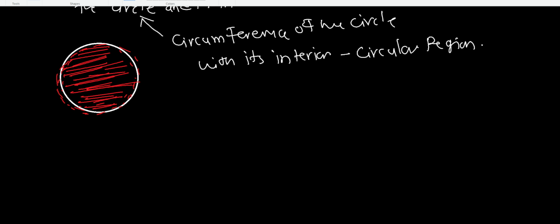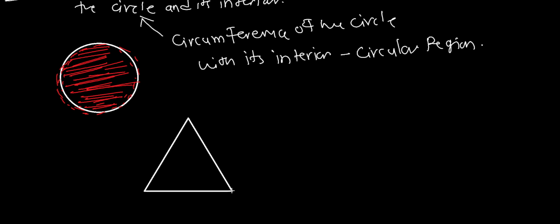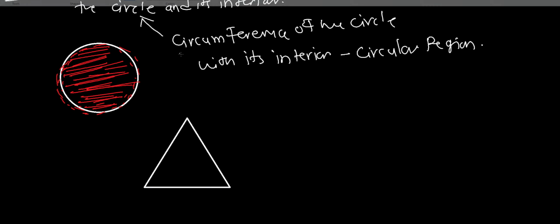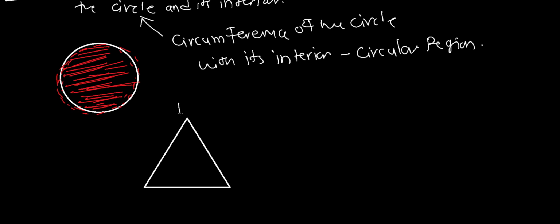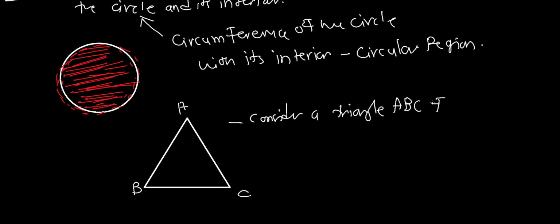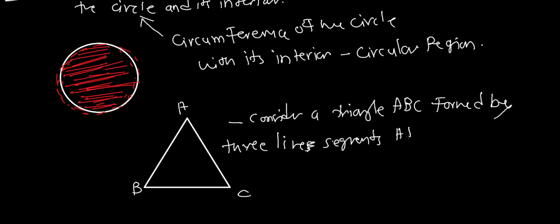Now consider a triangle. So we have considered here a triangle ABC, formed by three line segments: AB, BC and CA.